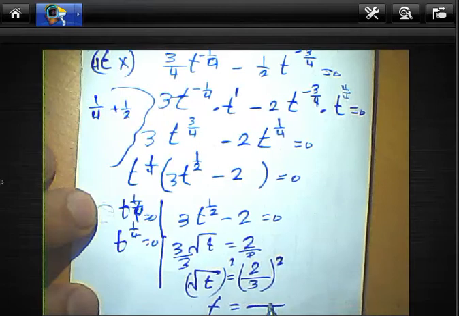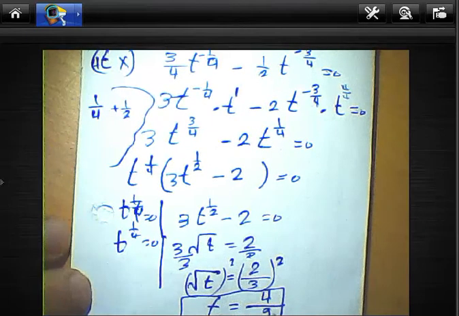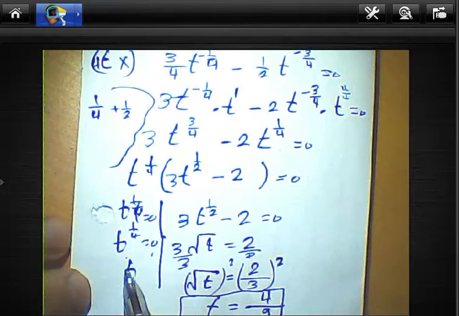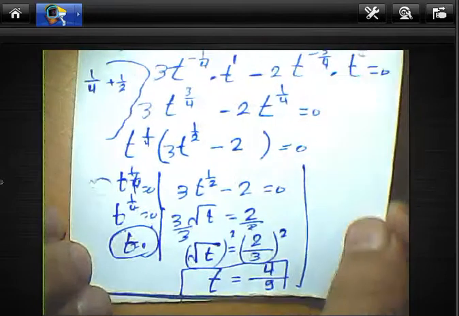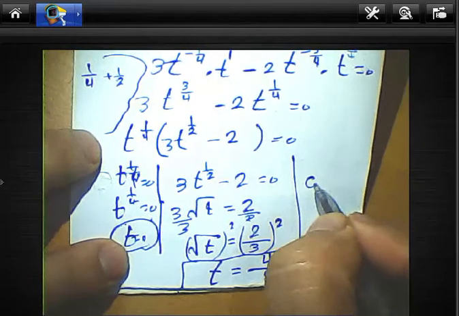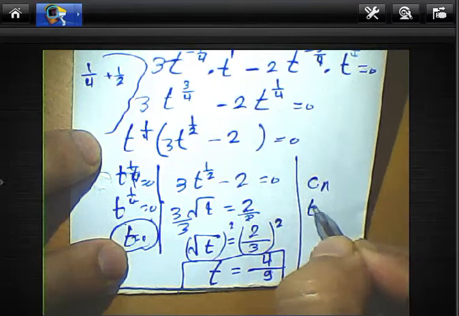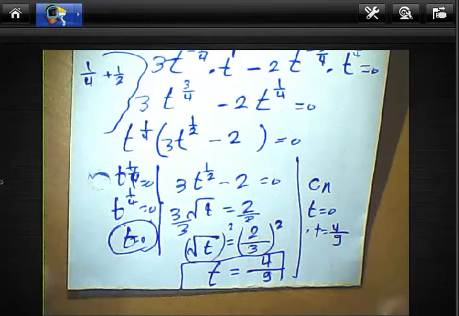So the result t equals 4 over 9. It's a critical number here. And t power 4 equals 0, so t will be 0. So the critical numbers will be 4 over 9 and t equals 0. They are the critical numbers of this function, t equals 0 and t equals 4 over 9.